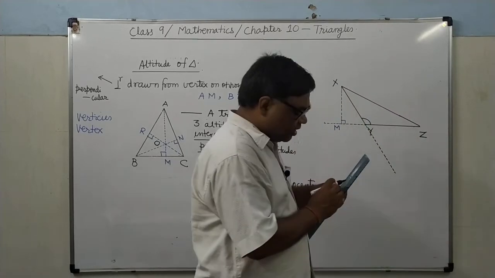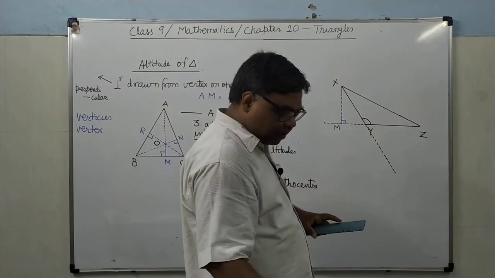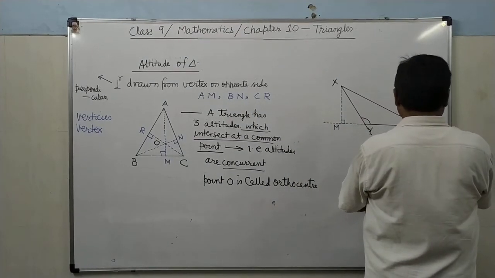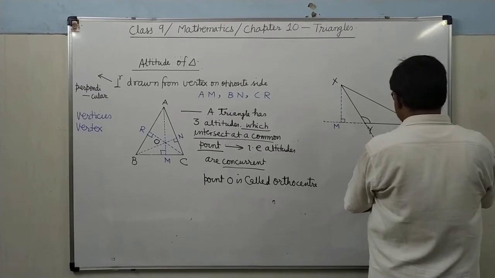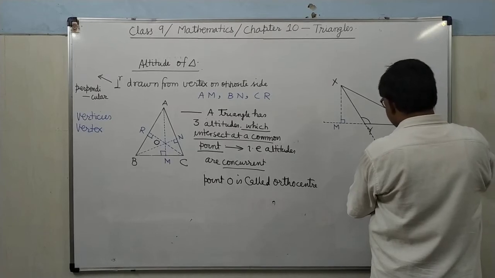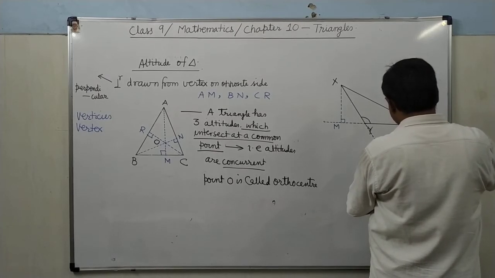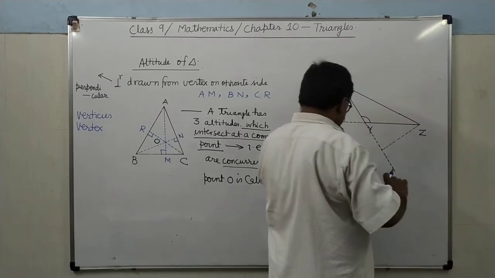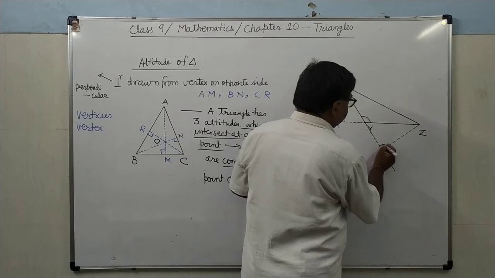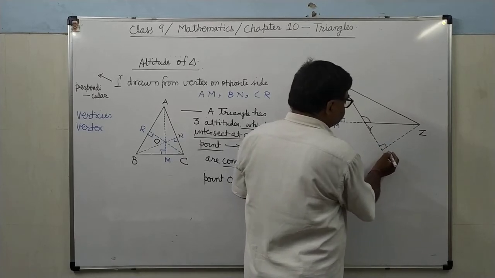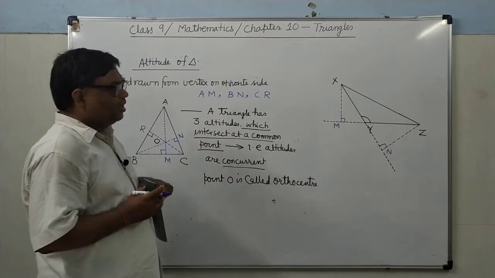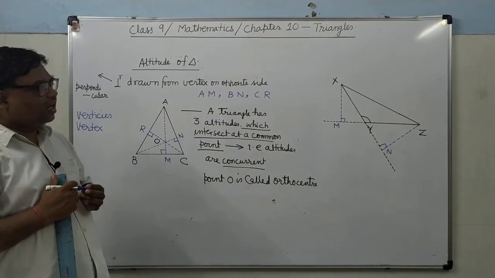From here you draw the perpendicular. This perpendicular you can name as Zn.